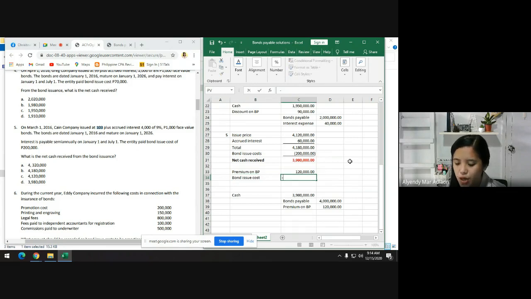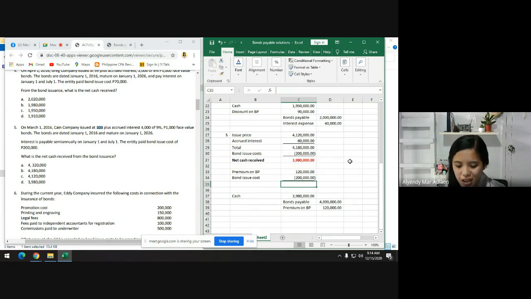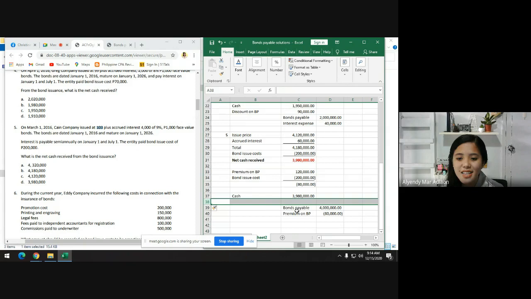Pila ang bond issue cost? 200,000. Now, as you can see, mas dako ang bond issue cost kaysa sa premium on bonds payable. So, unsa may mahitabuan ni class? Take note, bond issue cost, this is debit, no? Premium on bonds payable, this is credit. Nga kay negative naman din ang answer, no? We cannot put negative here, no? Di na siya pwede. So what we are going to do is mabutang na siya sa debit instead nga credit.